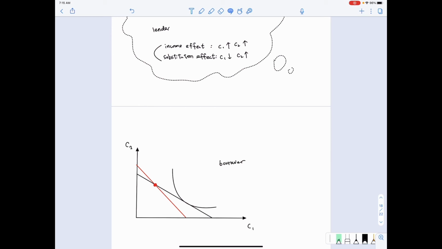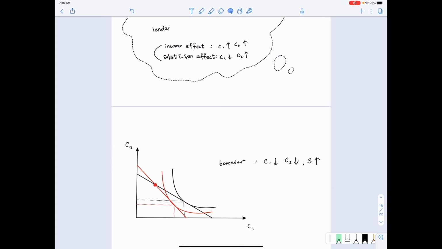In fact, the indifference curve needs to shift inward and be tangent at a point where the first period consumption becomes lower and the second period consumption becomes lower as well. Therefore, for this particular case, the consumption in both periods decreases, and given that the current period income remains the same, we know saving increases.